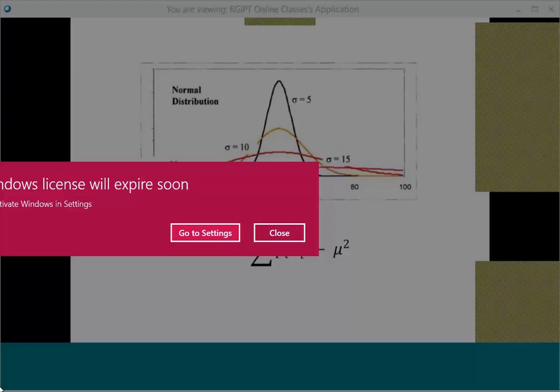So for normal distribution, as I just said, it's not that difficult. If you have a standard deviation and a mean, you can have your normal distribution. Very simple formulation that you know of.